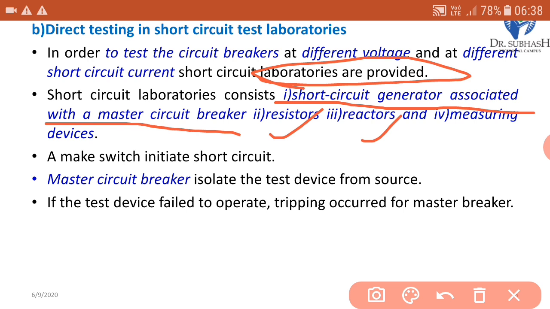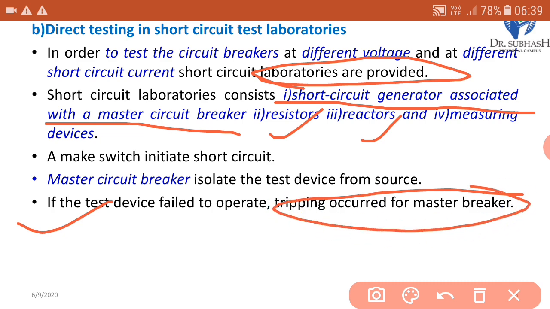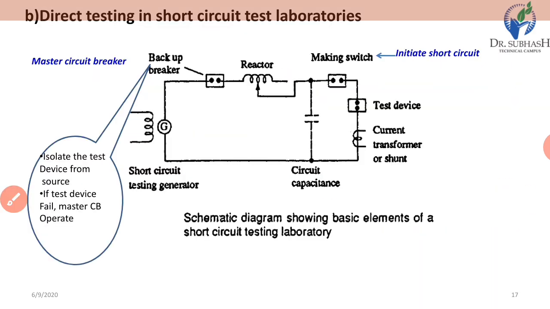A make switch initiates short circuit. Master circuit breaker isolates the test device from source. If the test device fails to operate, tripping occurs for master breaker.